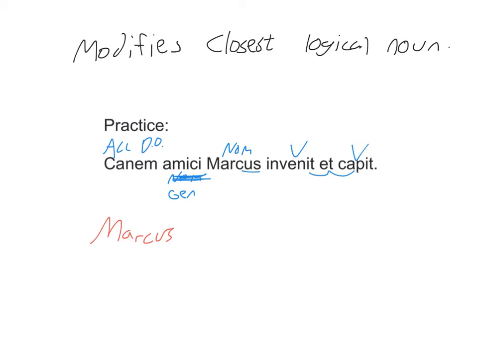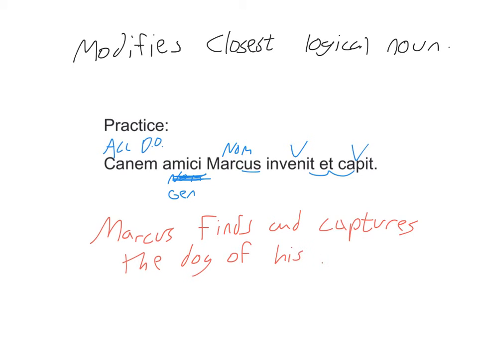Marcus finds and captures the dog of his friend. Period. Now, you might be saying, well, the dog of his friend sounds tedious. Why can't I just say his friend's dog? You can.